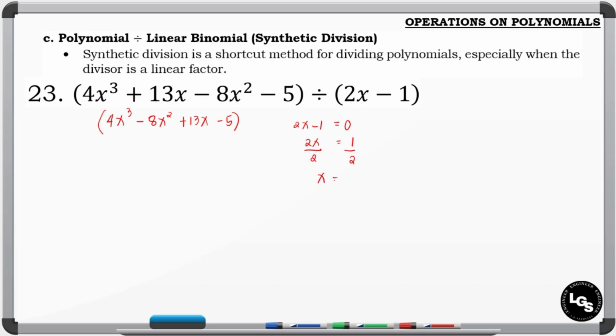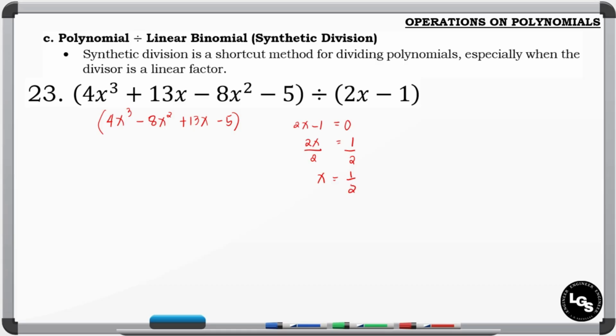So our divisor root now is 1/2. So take note of the difference. If we have a coefficient of the linear binomial 1, we are going to follow the previous example.